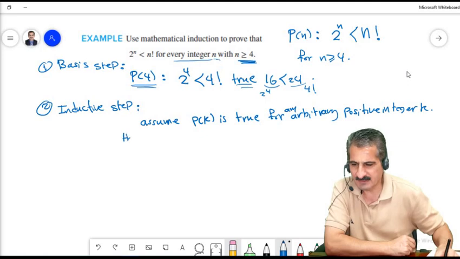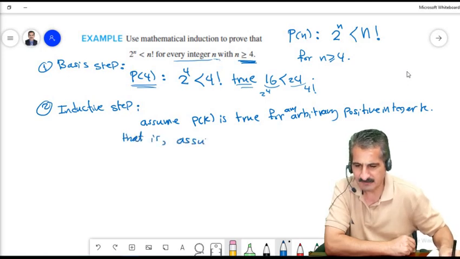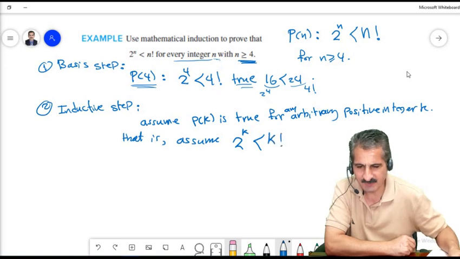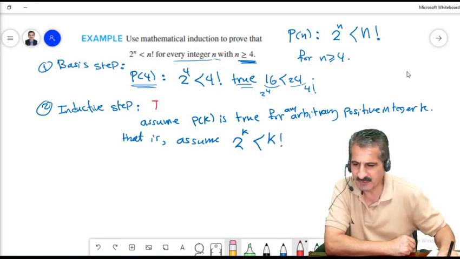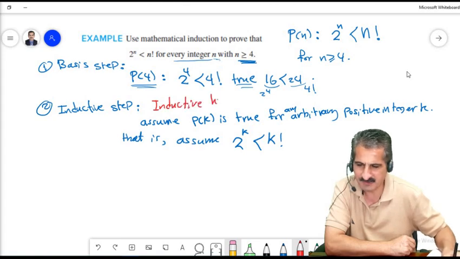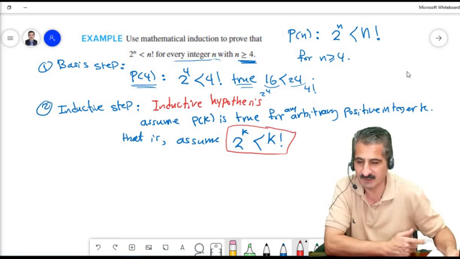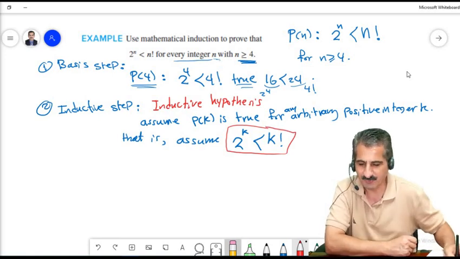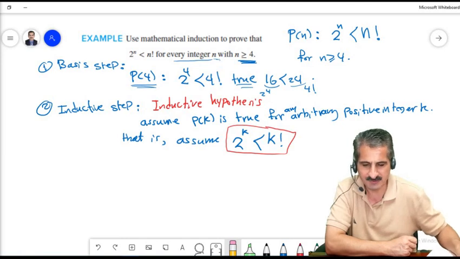That is, we are assuming 2 to power k is less than k factorial. And again, this is called the inductive hypothesis. Now, assuming this is true, can we prove that P of k plus 1 is true? If we can, then we have the mathematical induction proof for such a statement.